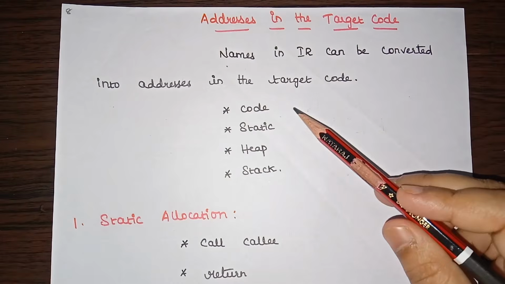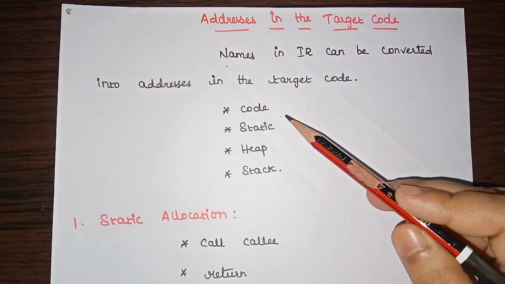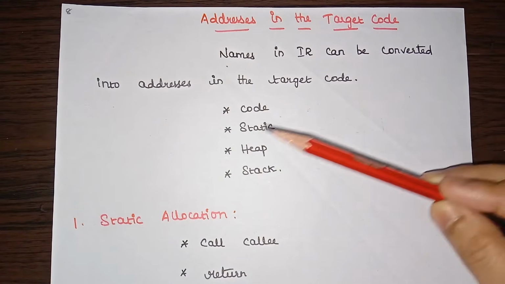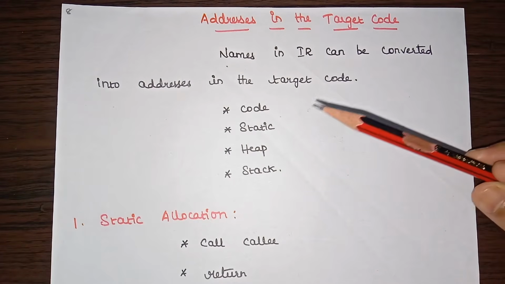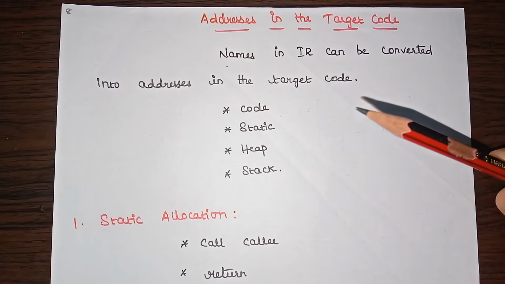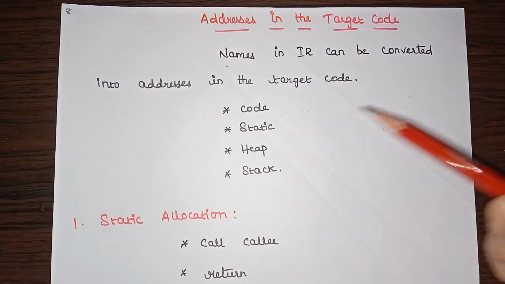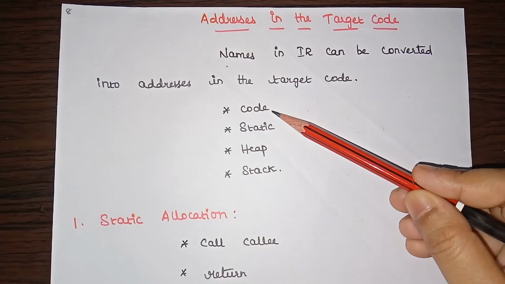The statically determined area holds the executable target code, whose value or size can be determined during compile time itself. So those kinds of variables and data can be stored inside this code area.